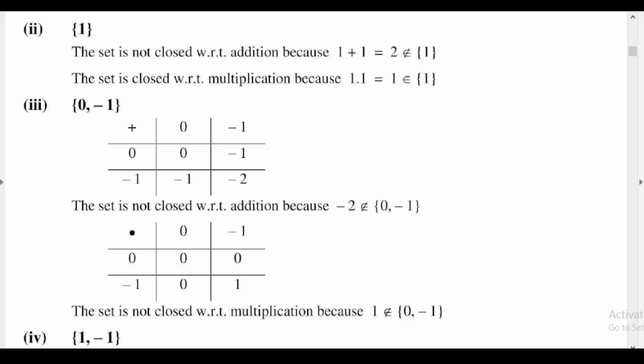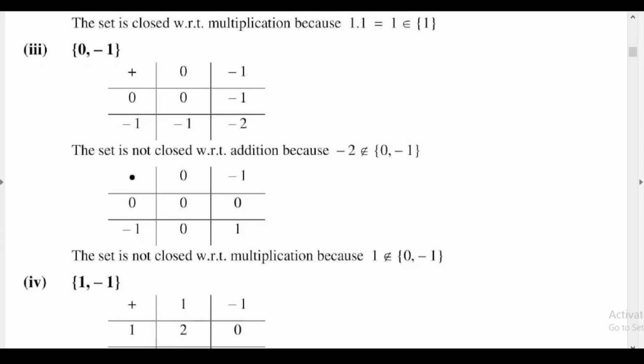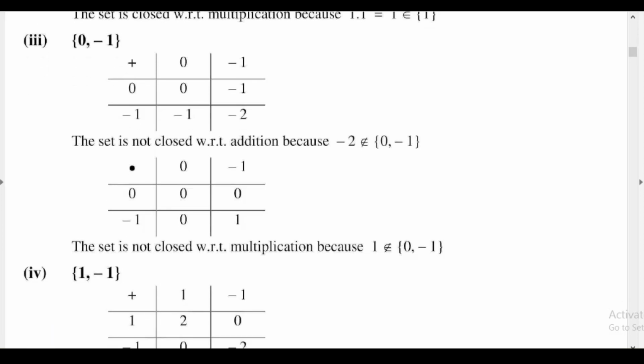Next, fourth part, that is {1, -1}. First, applying addition properties: 1 plus 1 is equal to 2, 1 plus (-1) is equal to 0. Second, -1 plus 1 is equal to 0, and -1 plus (-1) is equal to -2.